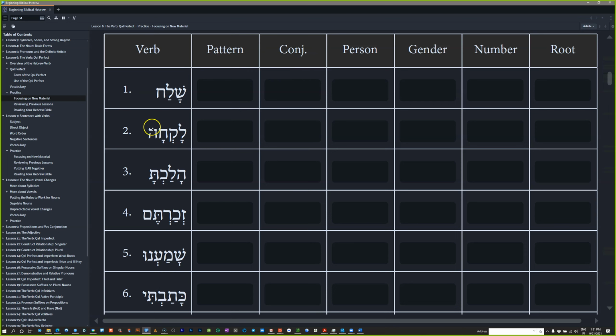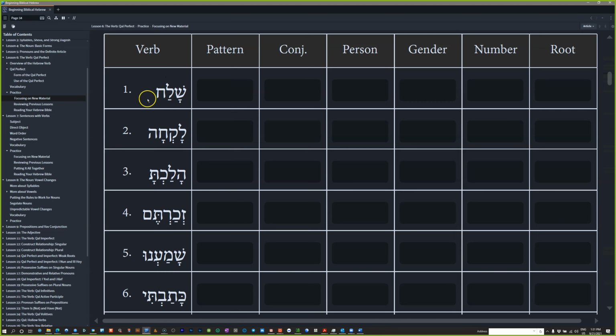And in the Qal Perfect, the particular way that Hebrew designates action as simple and completed is by adding certain suffixes to the verbal root. So for the third masculine singular, it doesn't add anything. It just takes the root and applies this vowel pattern of kametz patach.